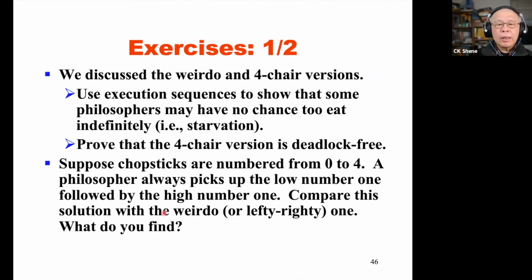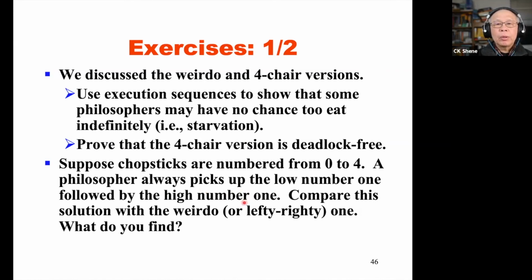Now the second exercise. Suppose the chopsticks are numbered from 0 to 4. The chopsticks and the philosophers are also numbered 0 to 4. So a philosopher i requires chopstick i and chopstick i plus 1. A philosopher always picks up the low-numbered chopstick, followed by the high-numbered one.